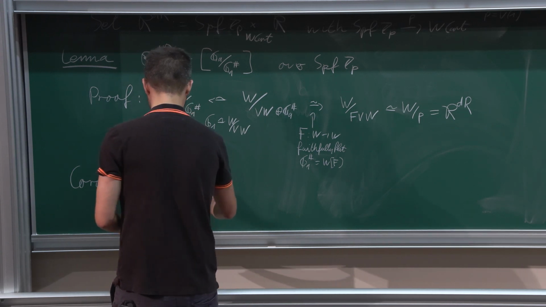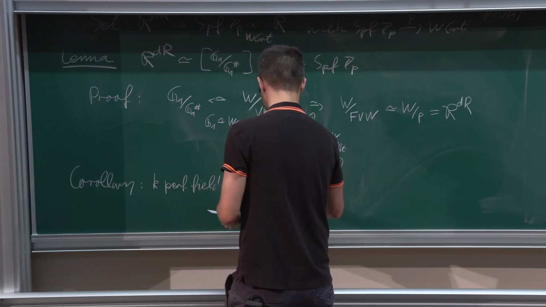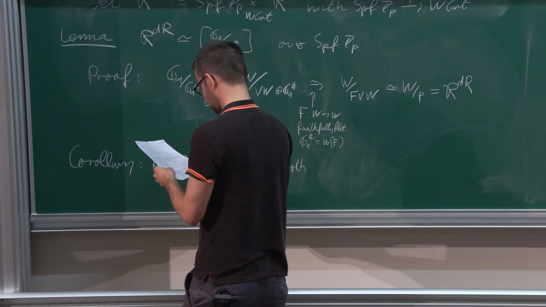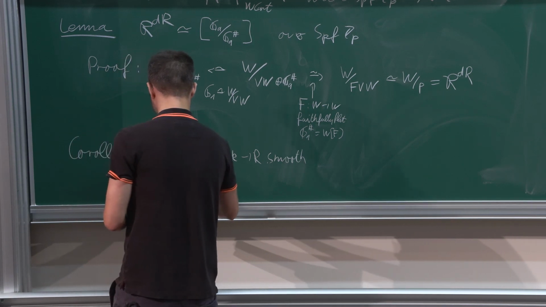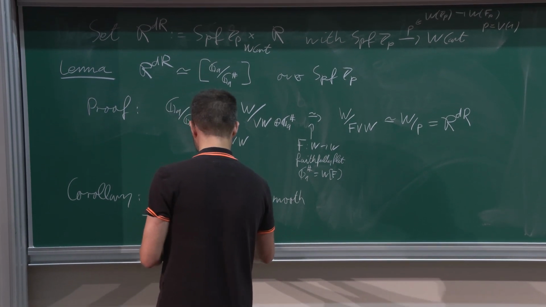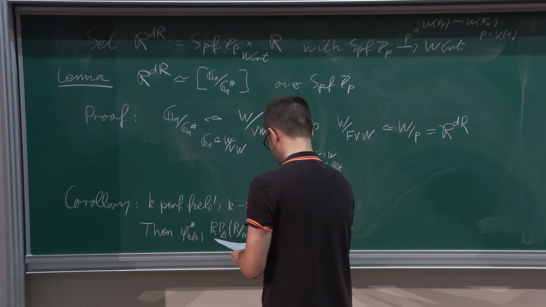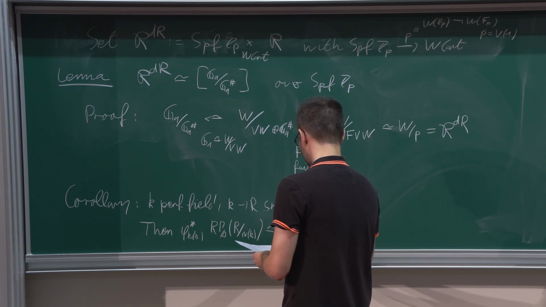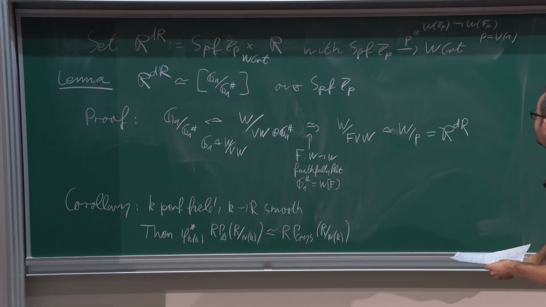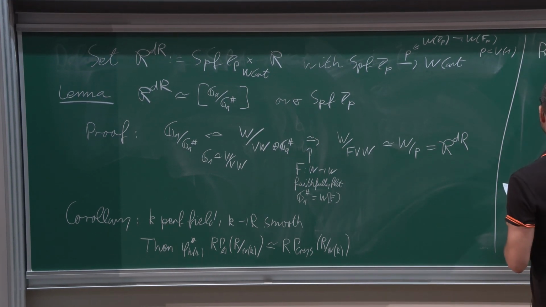If K is a perfect field, and R over K is smooth, then the Frobenius pullback of the prismatic cohomology of R relative to the Witt vectors of K is isomorphic to the crystalline cohomology of R over W(K). And so the proof is as follows.